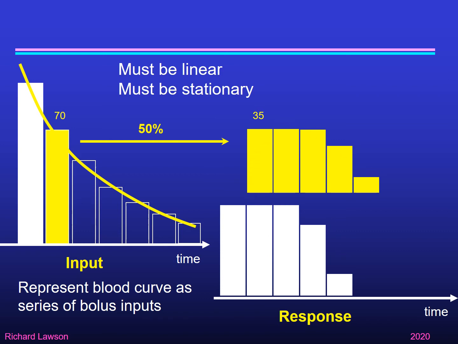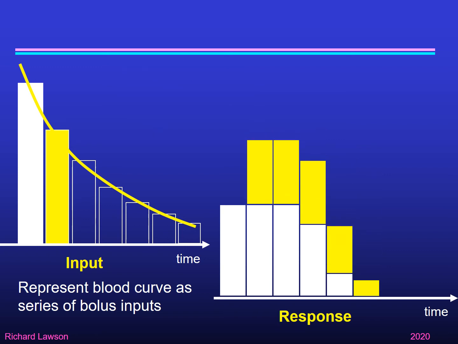So no matter what time the input comes, it is the same shape, just delayed. Those two assumptions are important, and I'll come back to them later in the talk. But if we just add that yellow response onto the white response, we get the total response to the yellow and white, something like that.